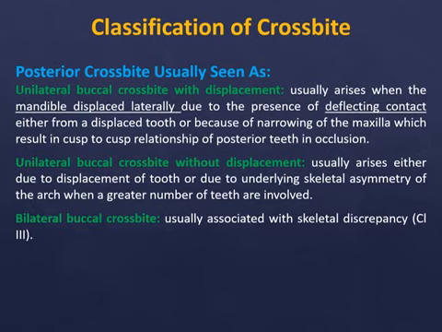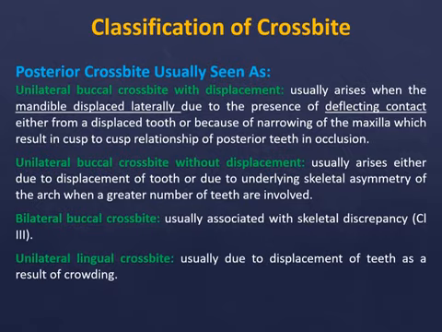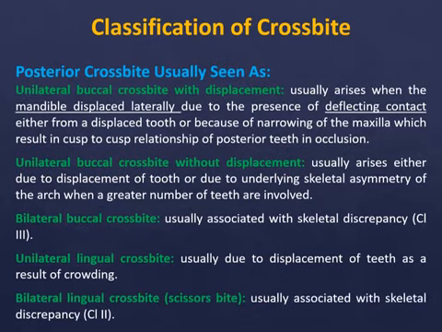Bilateral buccal crossbite is usually associated with skeletal discrepancy like skeletal class 3. Unilateral lingual crossbite is usually due to displacement of teeth as a result of crowding. Bilateral lingual crossbite or scissor bite is usually associated with skeletal discrepancy of class 2.